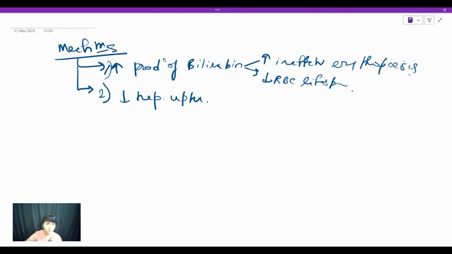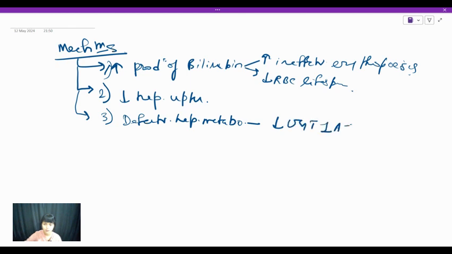So how is there reduced hepatic uptake? Due to low level of ligandin Y protein. Next is defective hepatic metabolism. How? Due to lower level of UGT1A1 enzyme. As you know, students, this helps in conjugation of bilirubin.